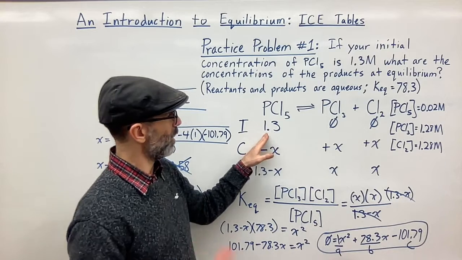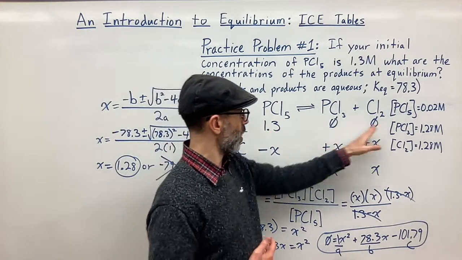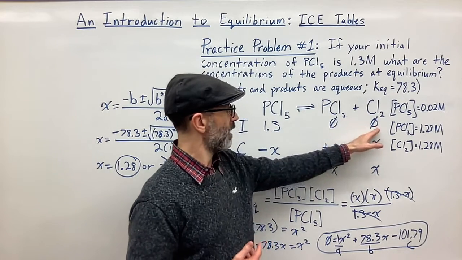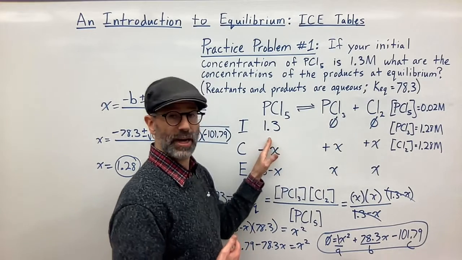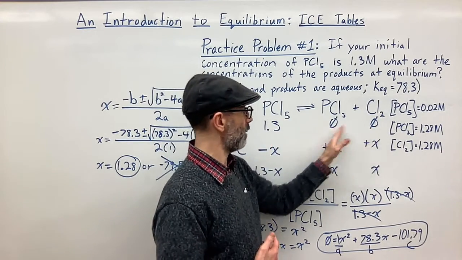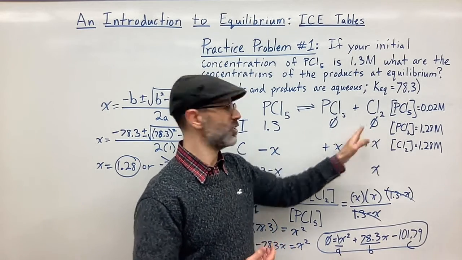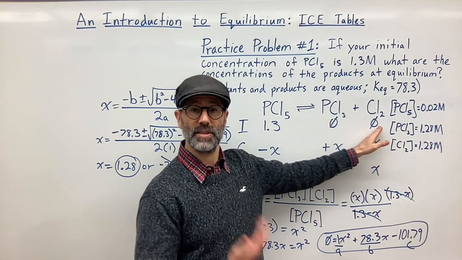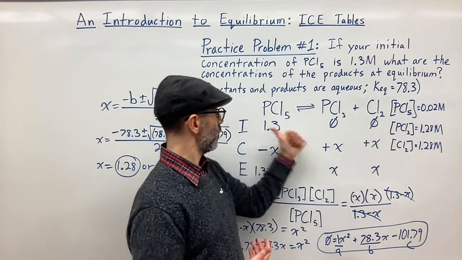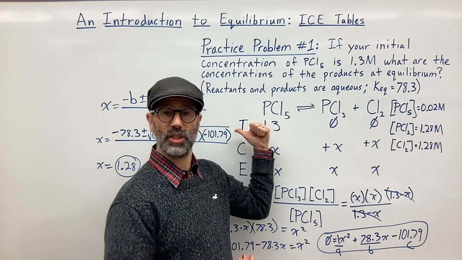But you would say, I assume that all of this 1.3 is going to form product here. Then you figure out how much product that would form, calculate the concentrations of those, and start with those concentrations instead. Then instead of going this way, your reaction would go this way first.